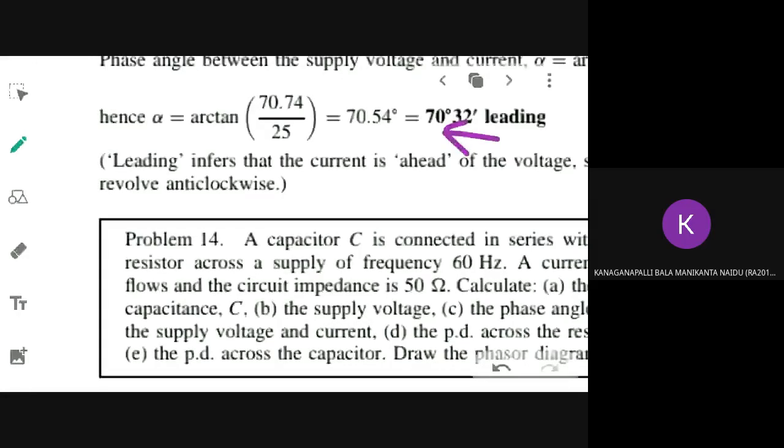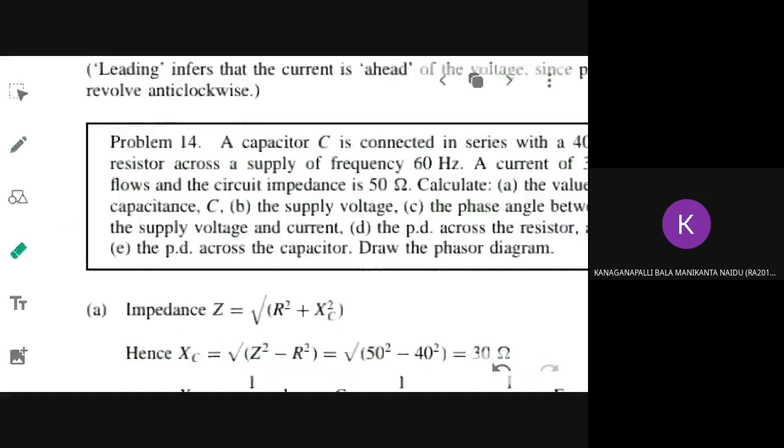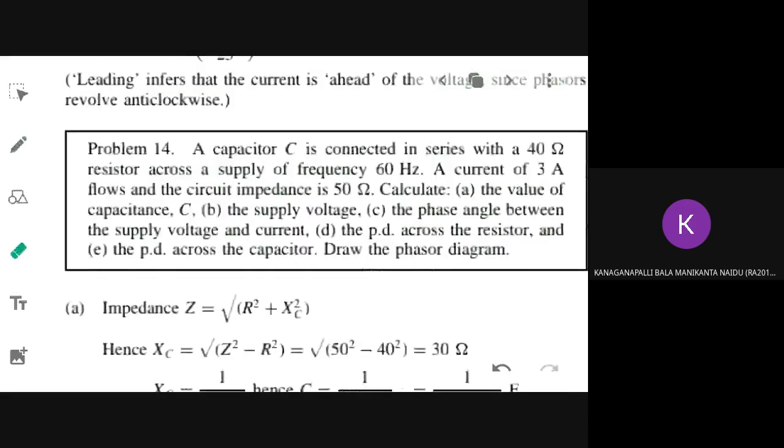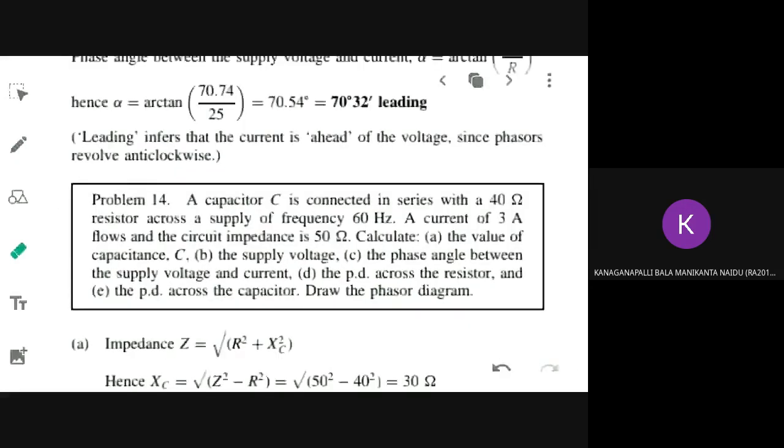One more problem, we'll solve this category, then we'll go to RLC. So try to solve problem number 14. Somebody should read the problem and tell me what is being asked.